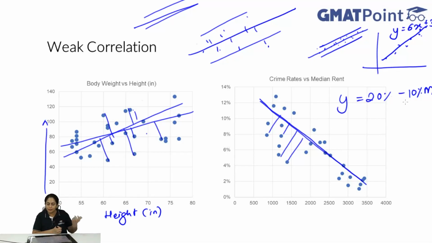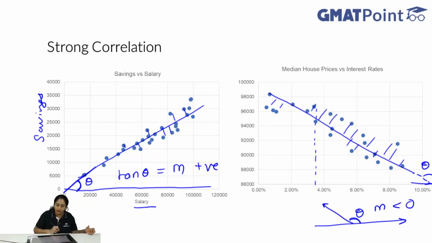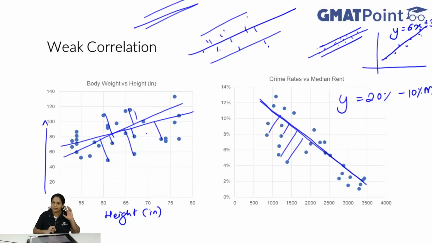So for example over here, suppose I don't have the value of x and y for say $4,000, I can find it out with the equation, but with poor accuracy, because this is a weak correlation. Similarly, over here in case of strong correlation, I can find out the savings for 200k. Though that point is not known to me, I can predict it based on the information I already have. So one of the reasons why we have correlation is to use it to predict the points whose data we don't have as such. So this is strong correlation, this is weak correlation.